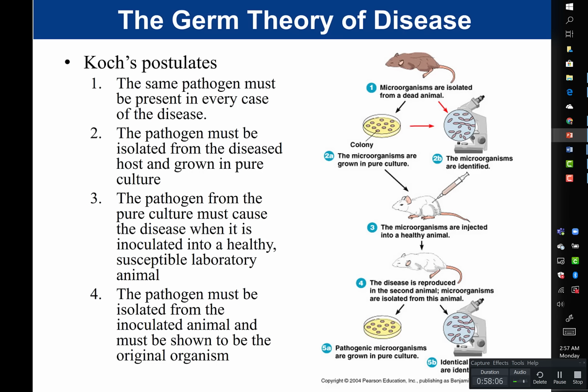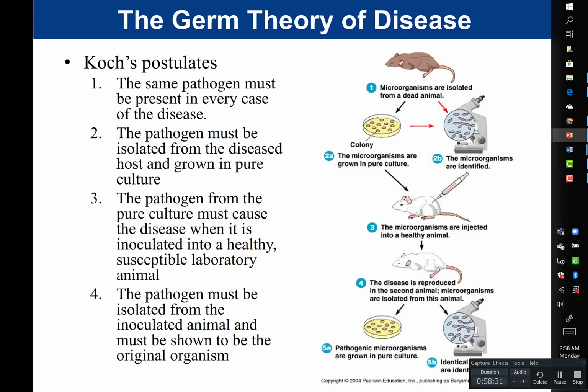And so there are several rules that have to be met in terms of Koch's postulates. One, the same pathogen must be present in every case of the disease. So when you isolate from the mouse that died, the one that was injected, you have to have the same pathogen in every case of that disease.